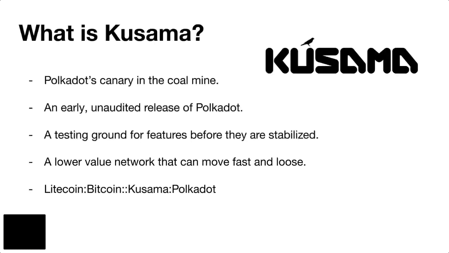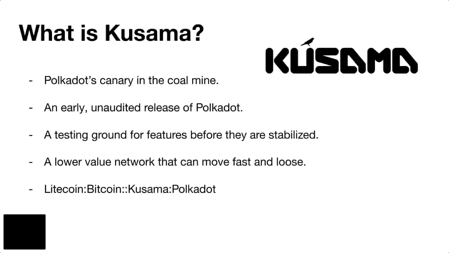In a similar way, Kusama is a warning of any vulnerabilities or weaknesses in the Polkadot code base, so that for the mainnet Polkadot launch, the code base has been hardened. It's the same code base as Polkadot, but it's a very early, unaudited release.